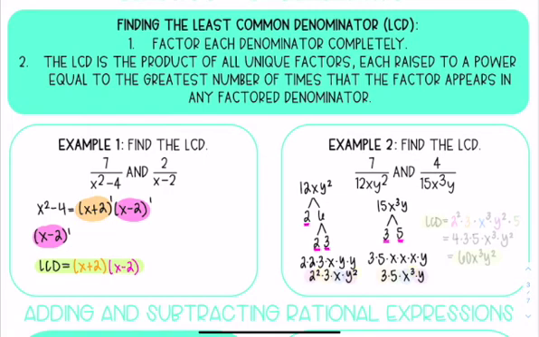So now we need to look at the unique factors and then take the largest power that's present in the LCD. So 2 is unique, 3 is unique, x is unique, and y is unique.